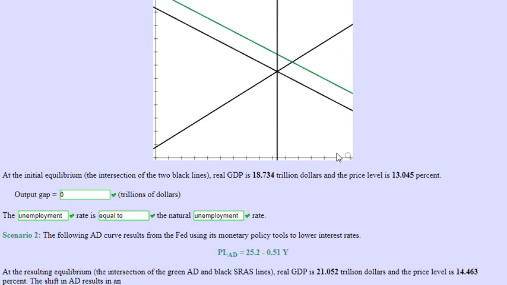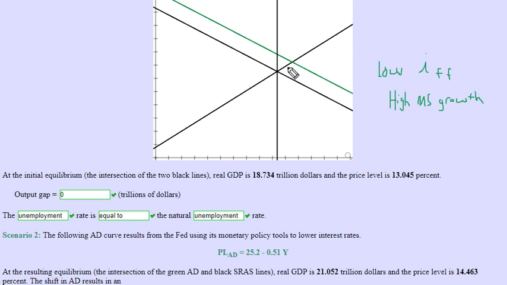So if the Fed decides to lower its interest rates, or perhaps keeps interest rates low for a long period of time, so it has set a low federal funds rate, it does this by having a high money supply growth rate. And we'll get into this more later.